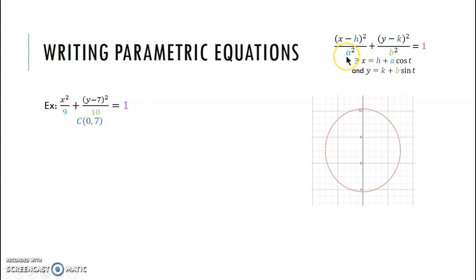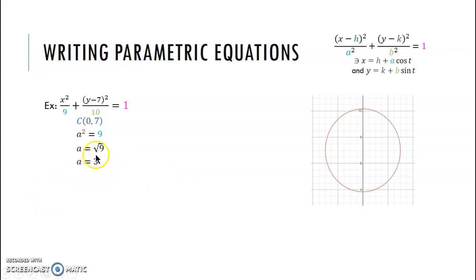Then we have to figure out a and b. But notice that the denominator here is a squared and b squared, which means this 9 represents a squared, this 10 represents b squared. So we actually need to go ahead and solve for the real a and the real b. So we take a squared and set it equal to 9. We square root and we get a is equal to 3.